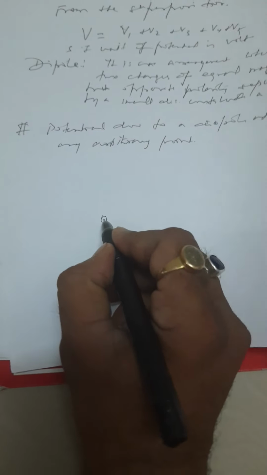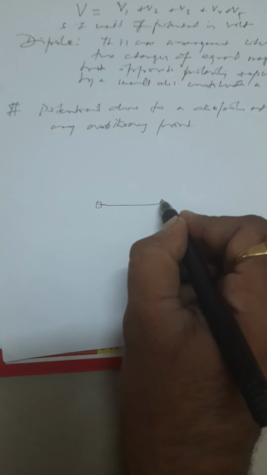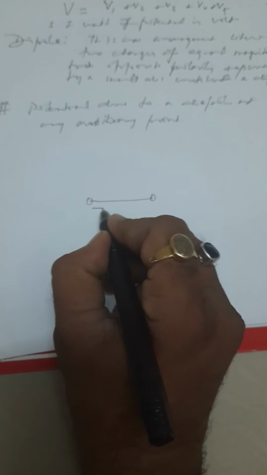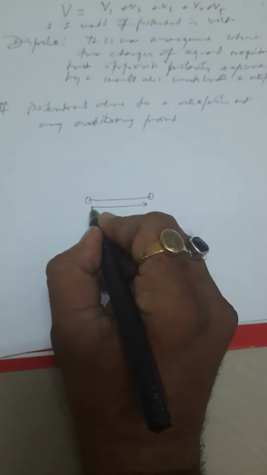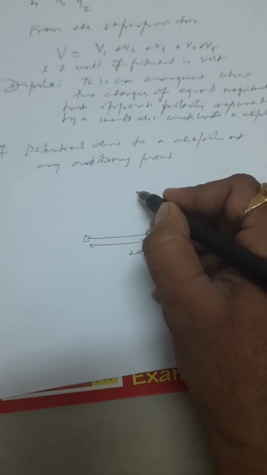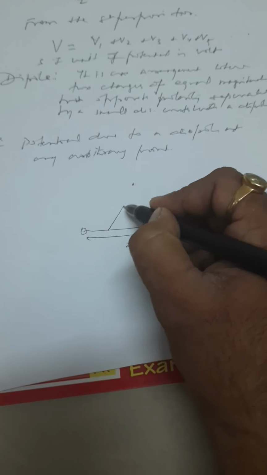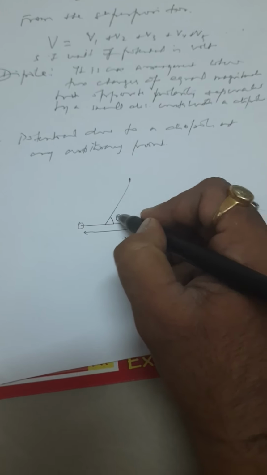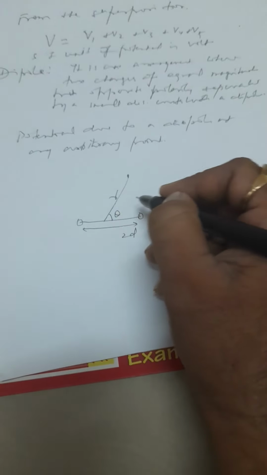So we'll just draw a dipole. Suppose this is the dipole, separated by a very small distance, let it be 2D, and we take any point making an angle theta with the axis of the dipole at a distance r.